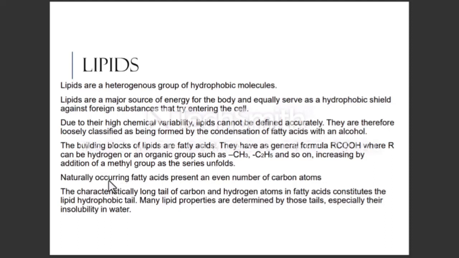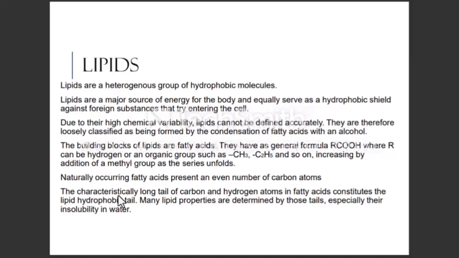Naturally occurring fatty acids present an even greater number of carbon atoms, at times 18, 21, a lot of carbon atoms. They are a very long chain. That's what makes them insoluble, because the alkyl part, which is the longest part, is insoluble.